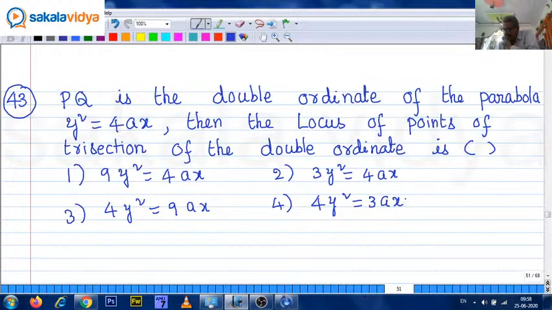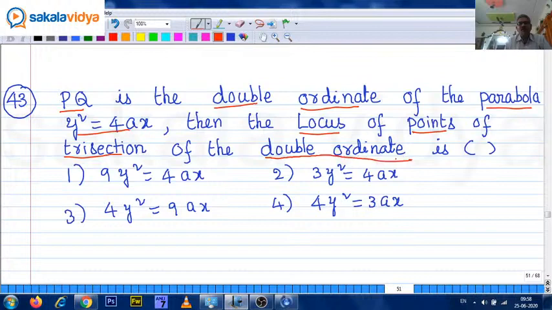This is the question. PQ is the double ordinate of the parabola y square is equal to 4ax, then the locus of points of trisection of the double ordinate is, that we need to find out.